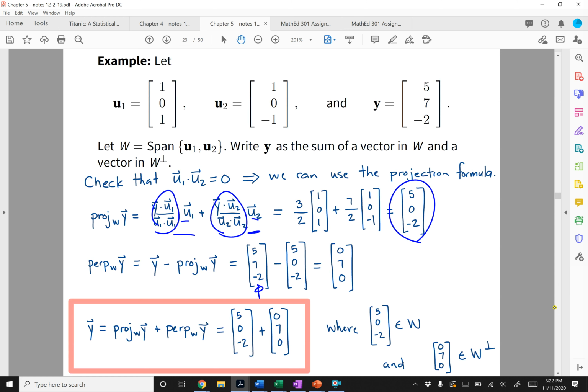That's y, subtract the projection onto the subspace. We get this. And look, if we actually go back and do the dot product with this, you get 0. Dot product with this, you get 0. So you can test to show that it is perpendicular. I shouldn't have an equal sign there anymore. Okay.